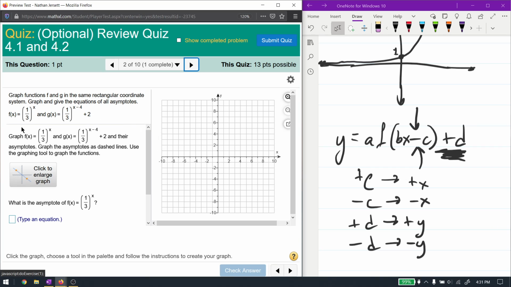Okay, similar thing here, but instead of a number greater than 1 as the base, which looks like the graph I just showed you, here we have a number that's less than 1, so it's 1/3, a fraction of 1. And what that does is that actually changes the look of the graph to look like this.